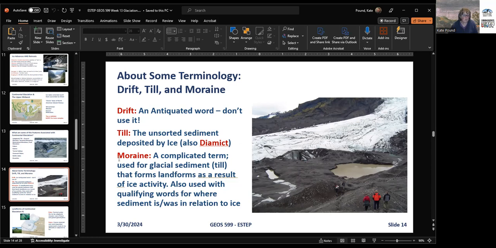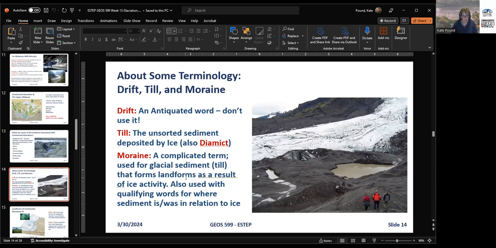Now, the word moraine is far more complicated because it's used in a variety of ways. So, first of all, it generally gets used for glacial sediment, in other words, till, that forms landforms that are a result of ice activity.